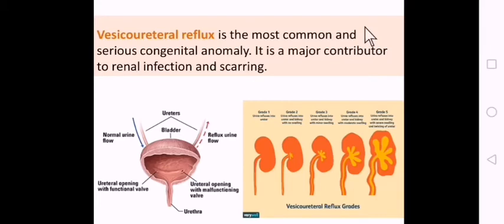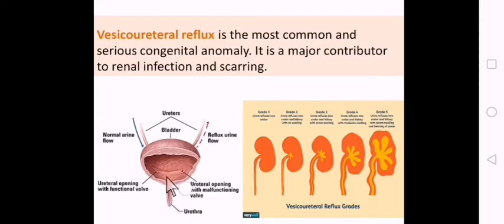شلون يصير الريفلكس vesico-ureteric reflux? Normally, when the person wants to void, يسوي urination, there will be closure of the ureteral valve. فالopening تنسد هنا، فالurine will go out from the urethral opening يطلع للoutside.